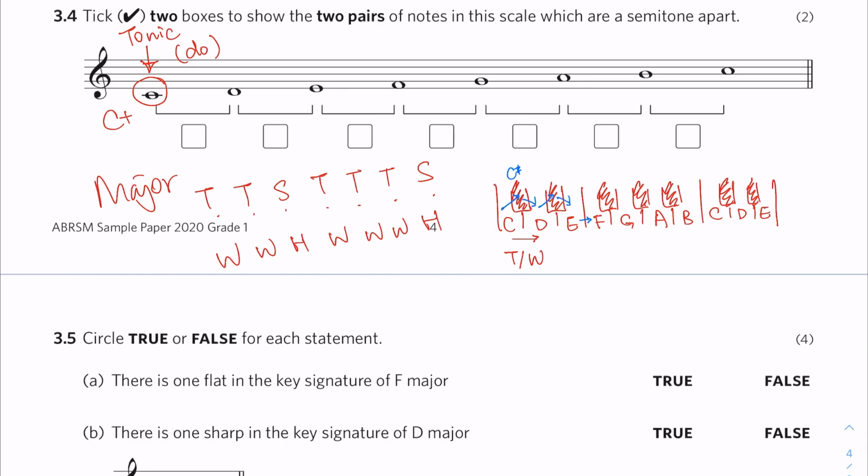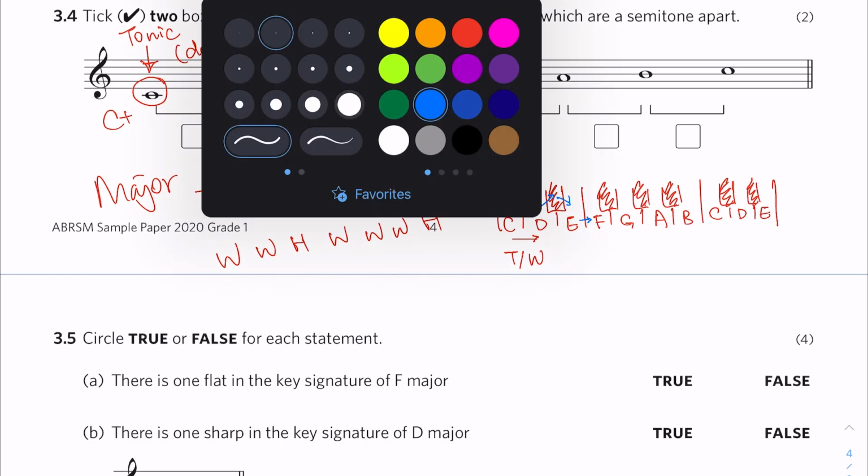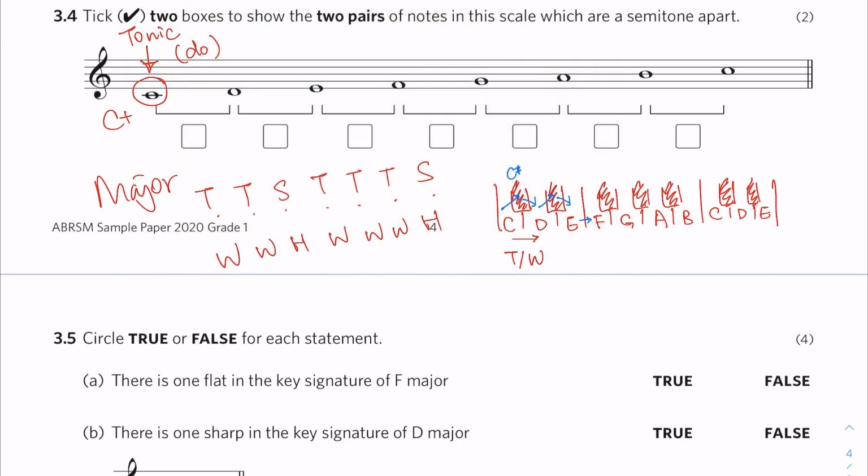So for the formula of the scale, let me use green to represent it. Between C and D, it has to be a T, a whole tone. From C going to C sharp is half, and then from C sharp to D is another half, so C going to D is a whole.